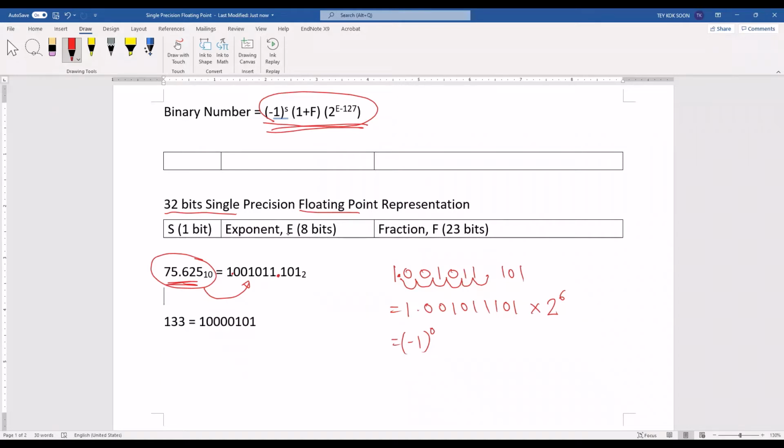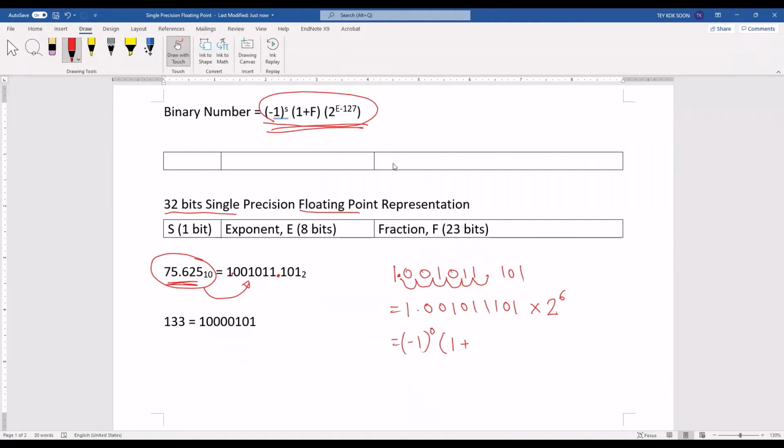Now it's a positive number, so it's 0, and (-1) to the power of 0 becomes 1. Then multiply with 1 plus f, the fraction.